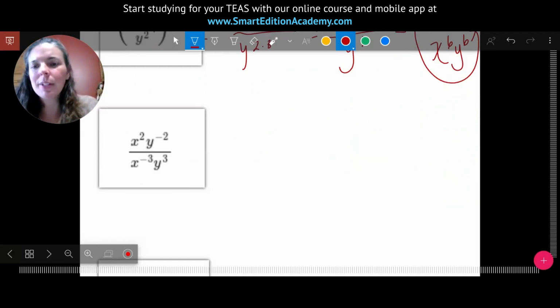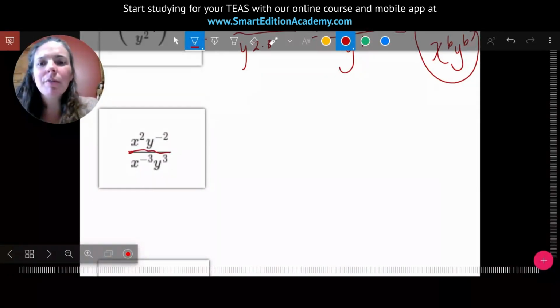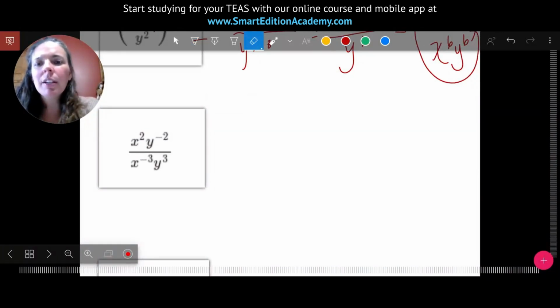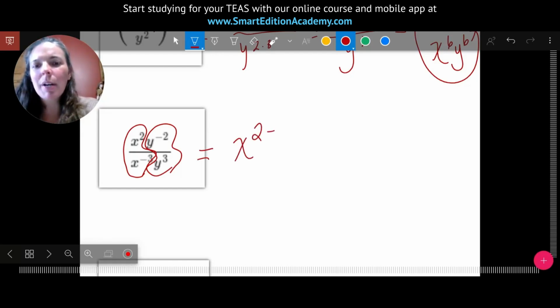Okay, let's try to simplify some stuff here. X squared, y to the negative second, over x to the negative third, y to the third. So if we think about what's happening here, we've got multiplication on the top and the bottom, but this fraction bar really means division. So we can only simplify exponents with the same base. So I'm just going to look at the division here and then see if I can simplify these at all. So x squared over x to the negative third would be x to the 2 minus negative 3.